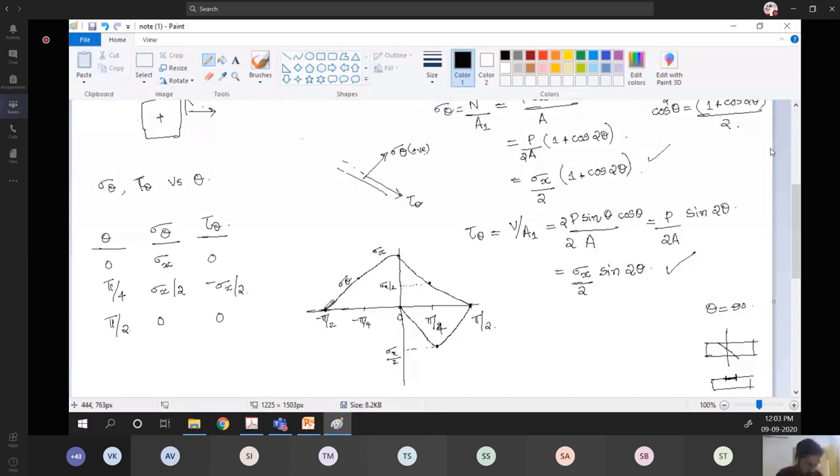This figure is correct. So this one will be sigma theta, and this is tau theta.